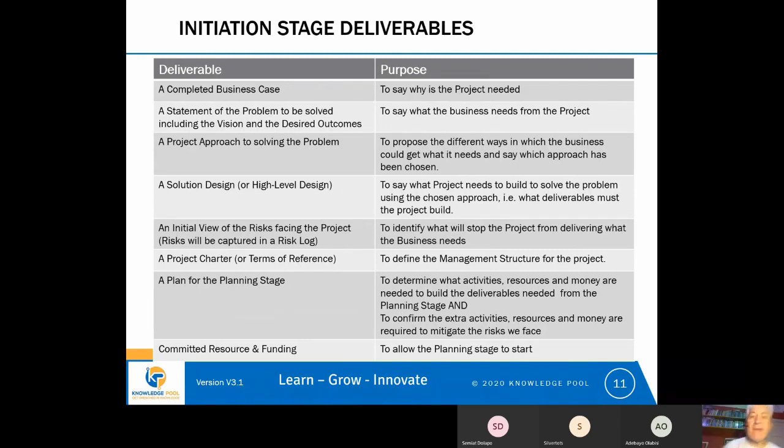So it's a very good idea within the project's initiation stage to write down what the project's approach is to solving the problem. And we've been doing this with our CRM project. We can use the CRM project as an example, because our initial approach, we said we would look at the marketplace and find a CRM system that we could buy for a price that we could afford. That was our approach.